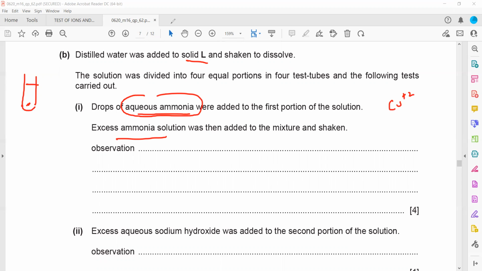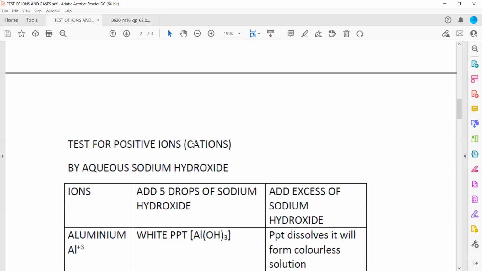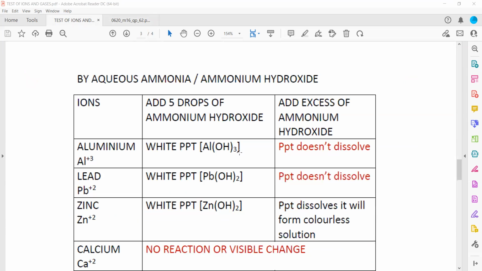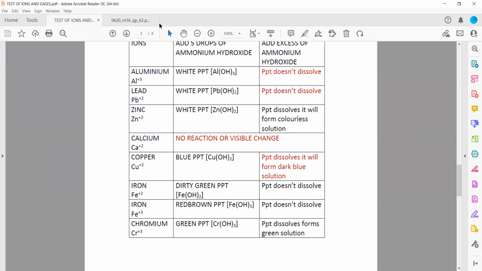You can see here in this table I already shared with you: if we have a copper salt and we are adding dropwise ammonium hydroxide or aqueous ammonia, what is the initial observation?